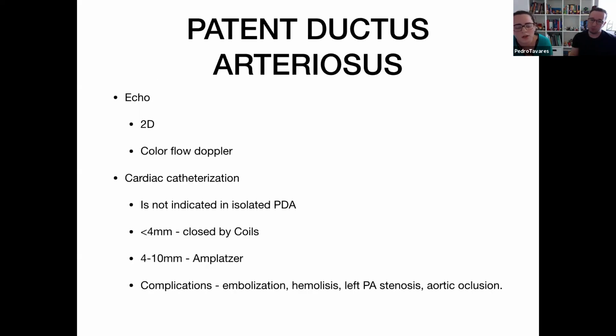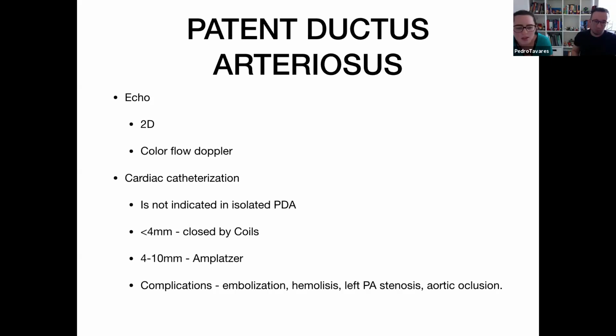About the echo, a 2D echo and color flow Doppler is the most useful diagnostic method. You can also have a cardiac catheterization.